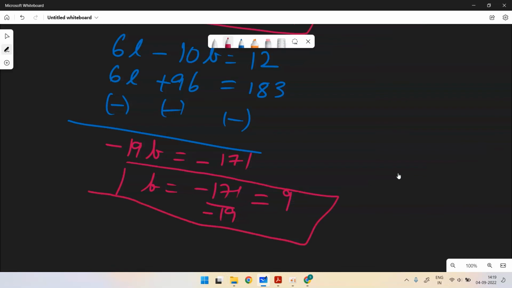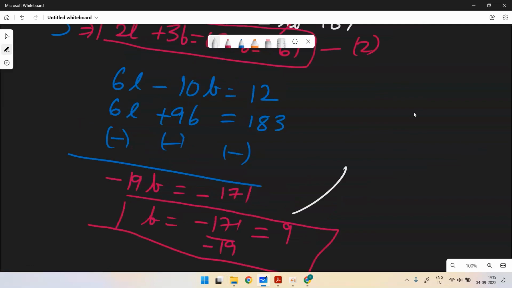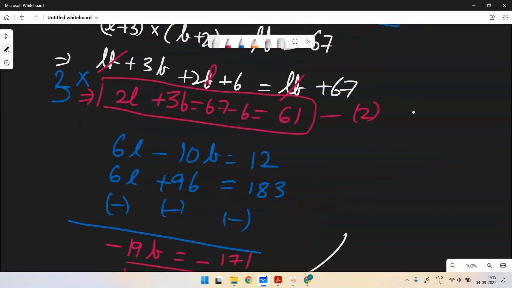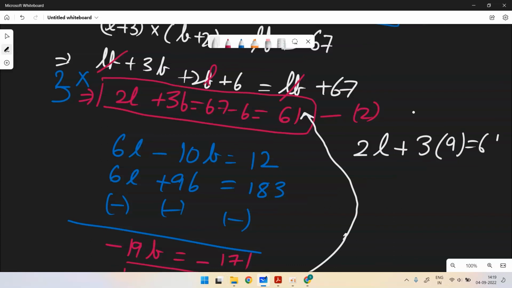Now substitute the value of B in either of the two equations. Here, 2L plus 3B, with B as 9, equals 61, which implies that 2L equals 61 minus 27.